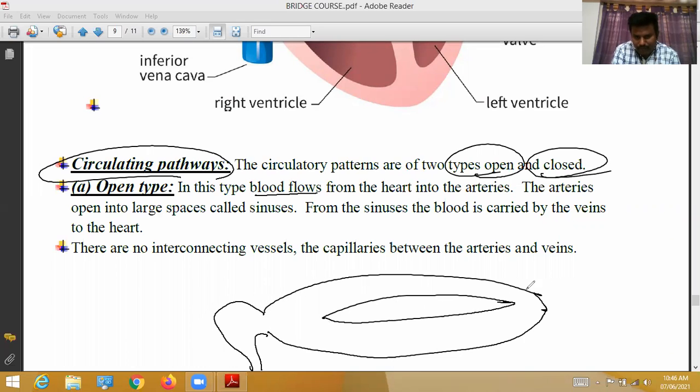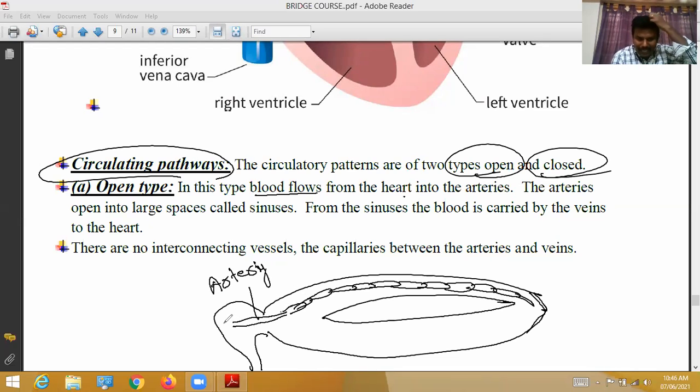The cockroach has a 13-chambered heart. In the animal kingdom, it is the first animal that has a 13-chambered heart. From this heart, the blood flows into the arteries. Here, only one large artery is connected.